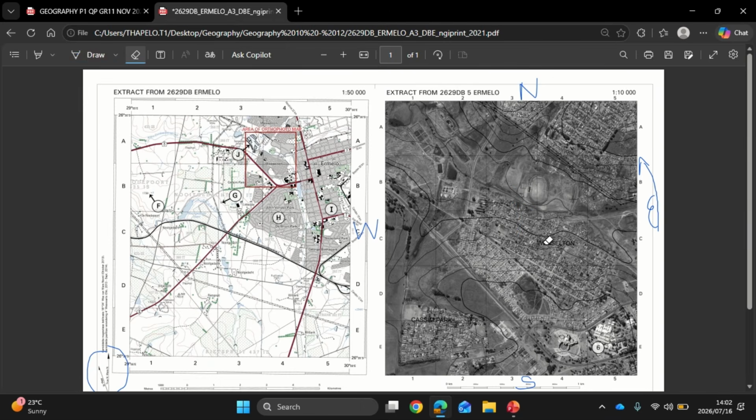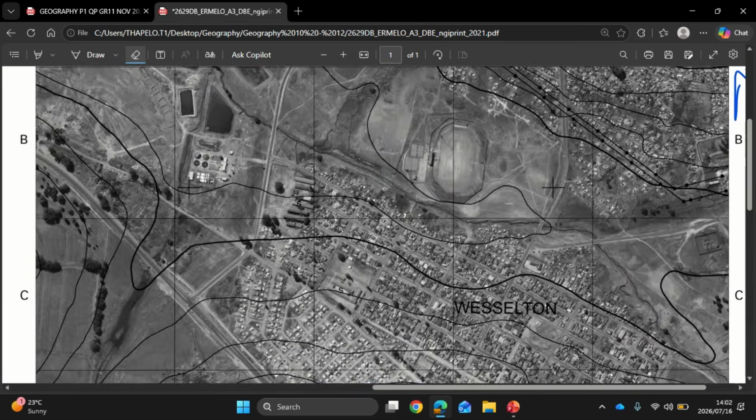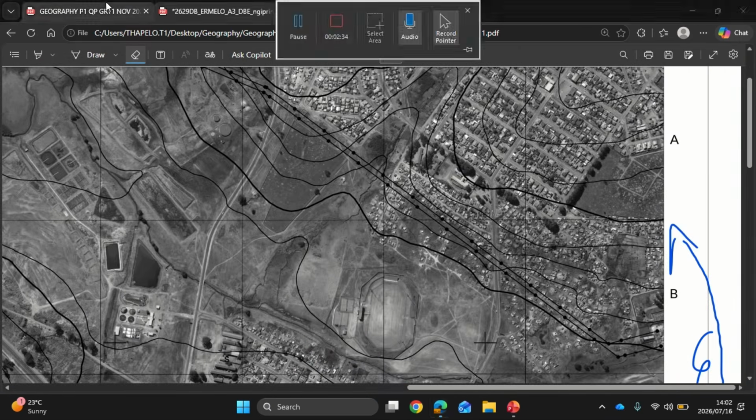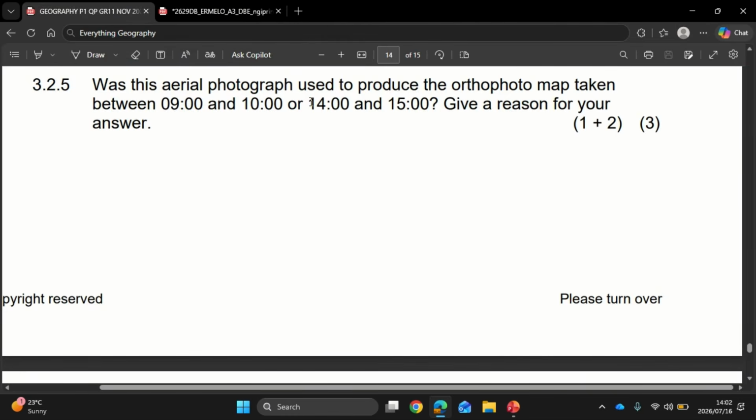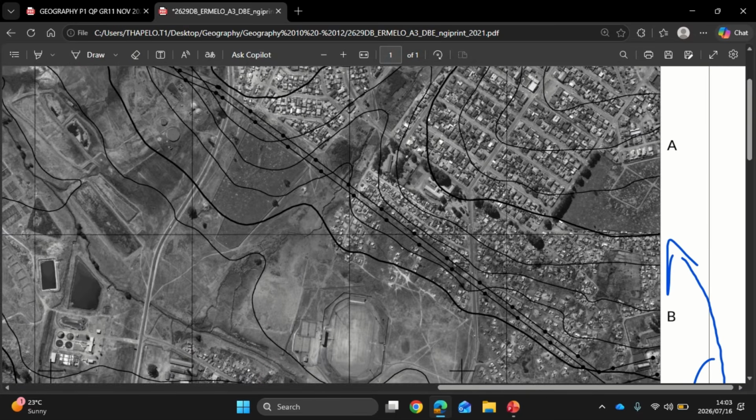So I'm going to remove that, and I'm going to try and zoom in so that we can answer the question. Just to read the question again: was this aerial photograph used to produce the orthophoto map taken between 9 and 10 or 14 hours and 15 hours? So let's look at the row of trees here.